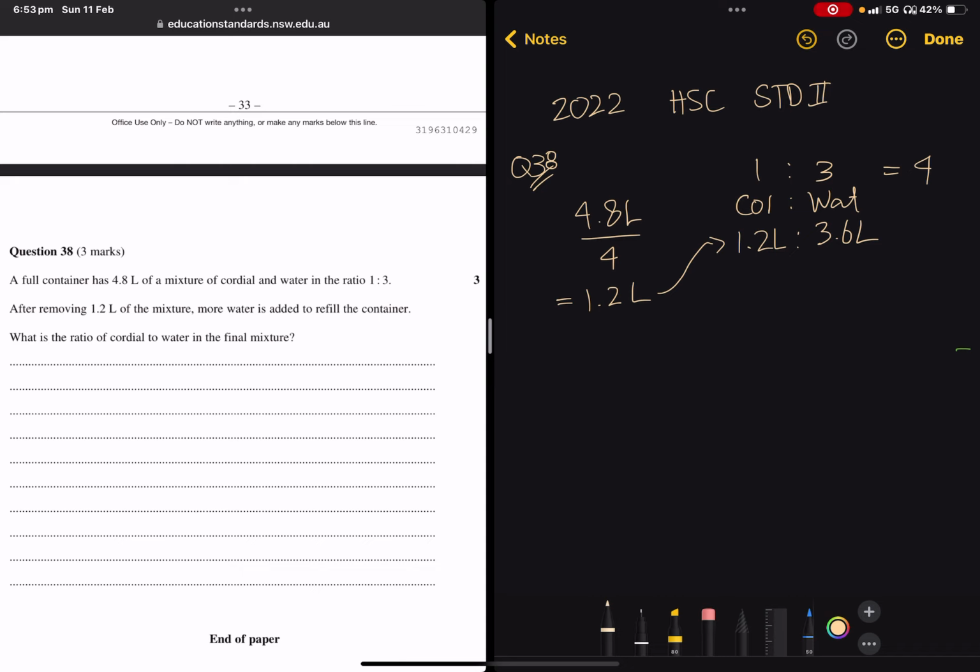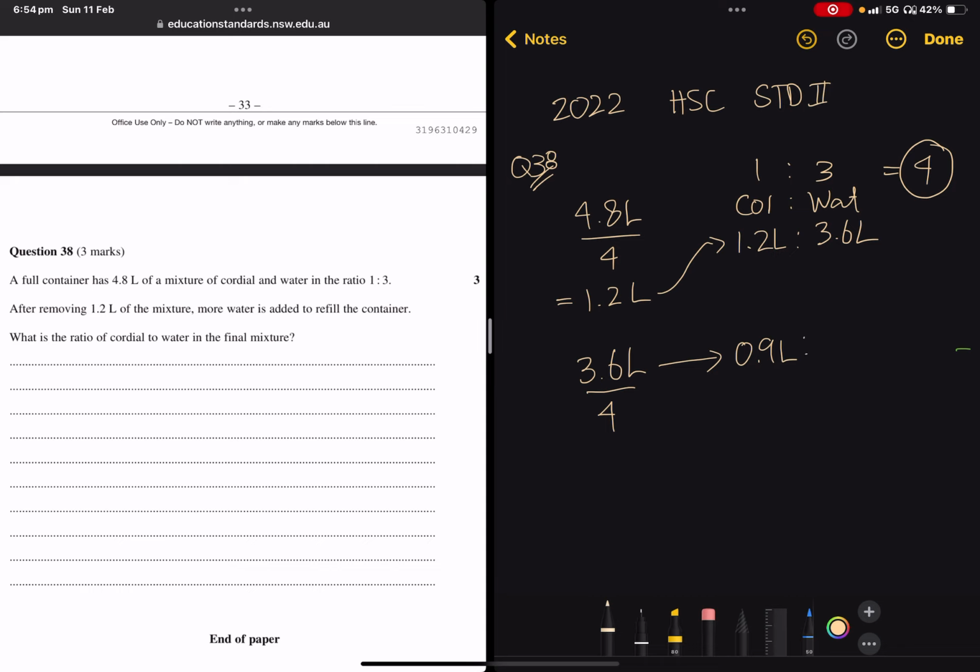If we now remove 1.2 litres, we've now got 3.6 litres. So we need to find out how much cordial there is and how much water. So we divide by 4, divide by this division factor. This gives us 0.9. And then we multiply 0.9 by 1, 0.9 litres of cordial.